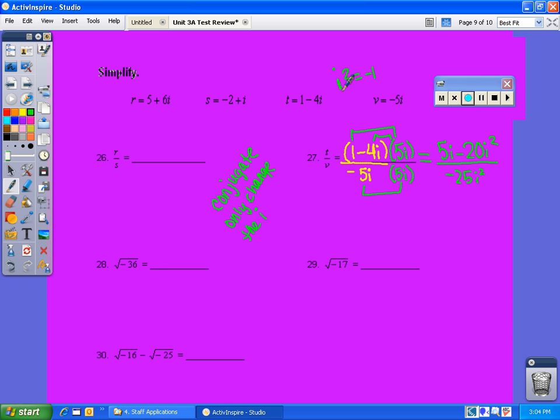So negative 20i squared really becomes positive 20. And negative 25i squared really becomes 25. So when you put it together, you get 20 plus 5i all over 25.